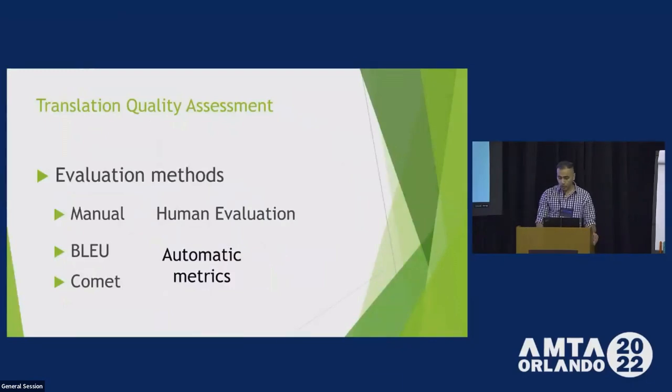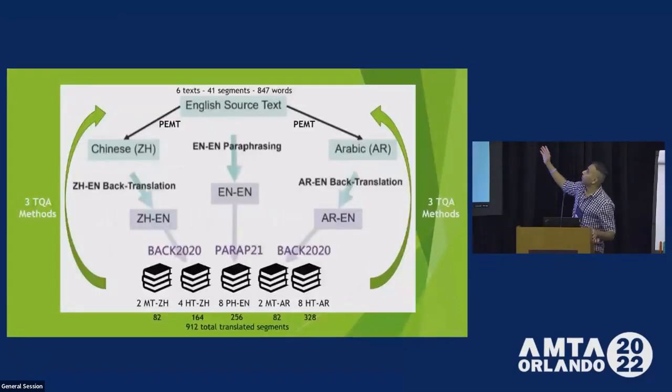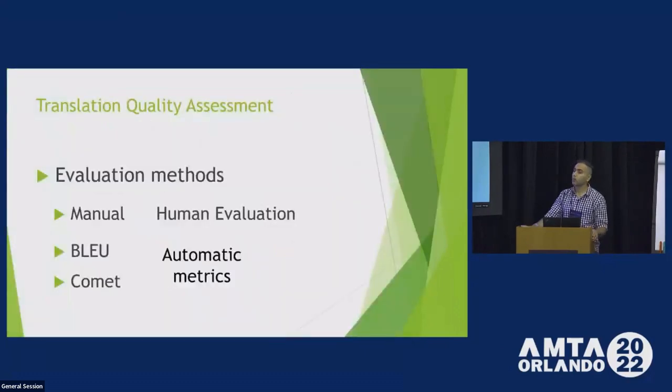To start the comparison, we used 3 translation quality assessment metrics. These metrics were the gold standard manual evaluation, which is commonly used in research as a standard evaluation metric.